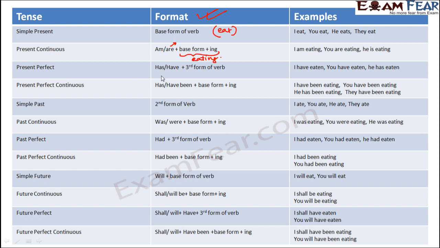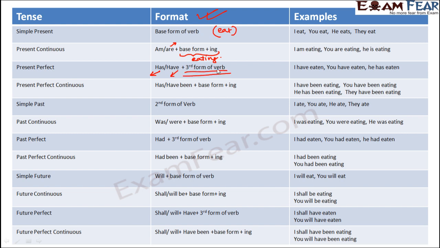Present perfect. In present perfect, you will have has or have. As I have mentioned before, has is only used with third person singular number, like he has eaten, Ravi has eaten, Rama has broken. So this is used with third person singular number. For the rest of it, have is used. But in this case, the third form of the verb is used.